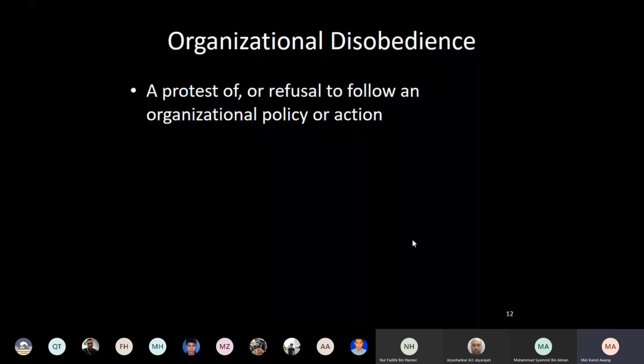If they terminate you, you can still go to the government, to the Industrial Relations Department under Kementerian Sumber Manusia, the Ministry of Human Resources, to file your complaints. And still you can go to court.